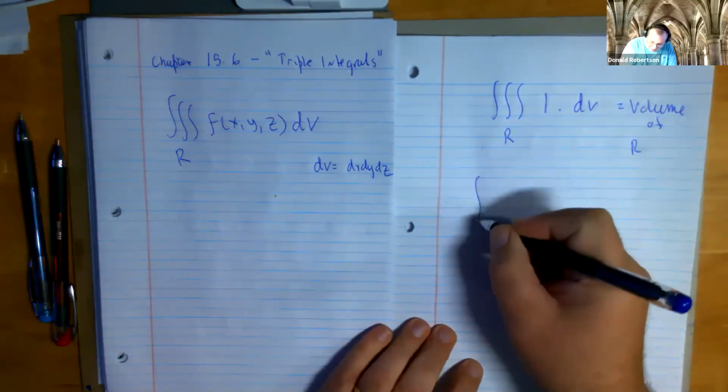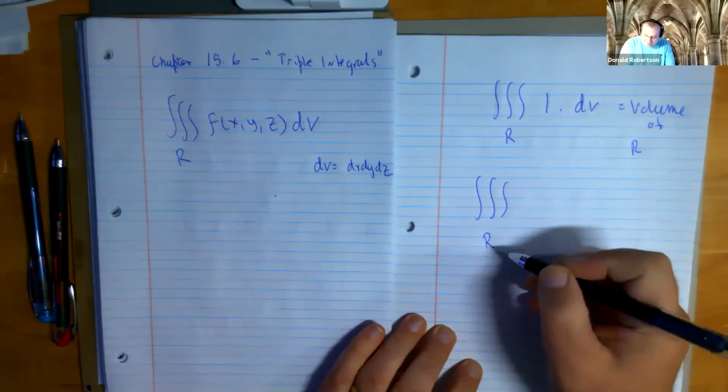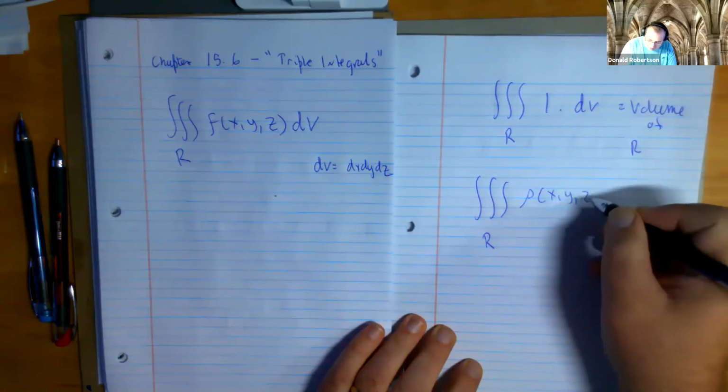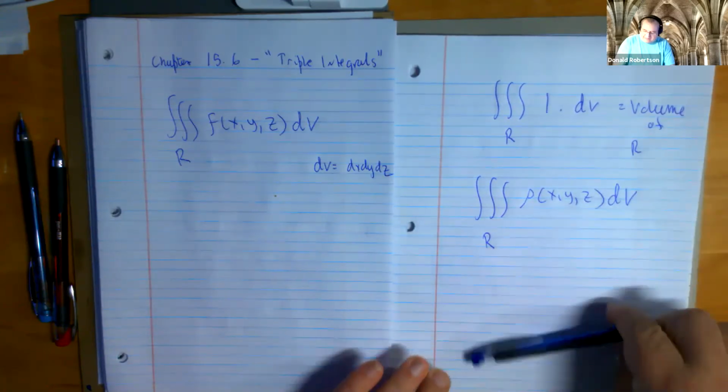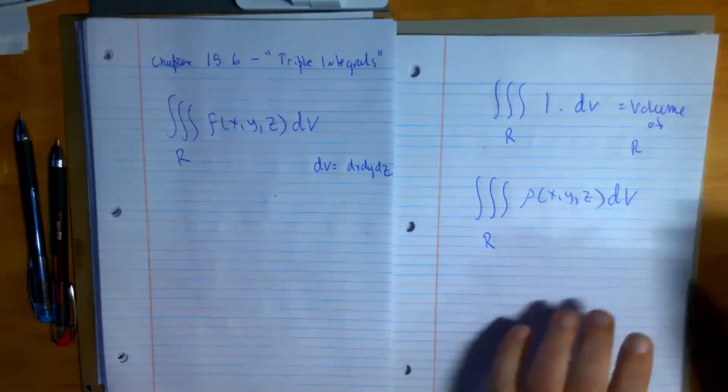And here's another special one. Imagine over this 3-dimensional region R, you did this triple integral, and you used the density function as your f(x, y, z). What would that get you? The mass.